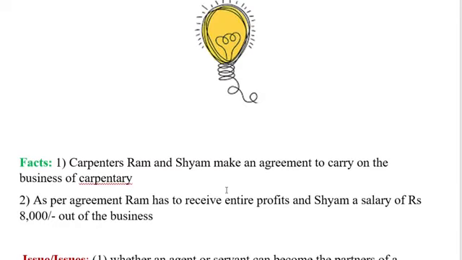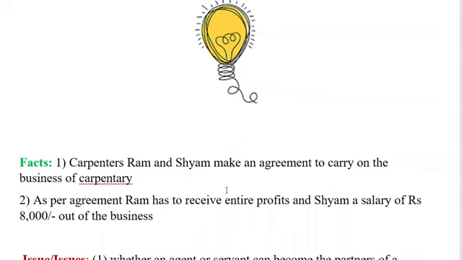Here, the problem has been given in the other way. Suppose one person invests the money in the partnership firm, whether he can become the partner. In that way also the problem may be given in the exam. At that time we have to decide by the case law of Cox versus Hickman.